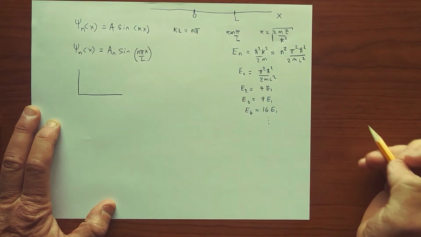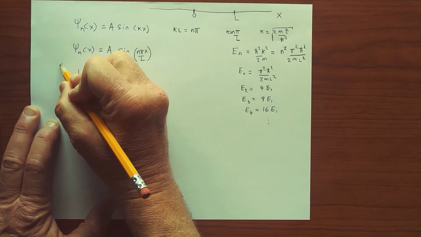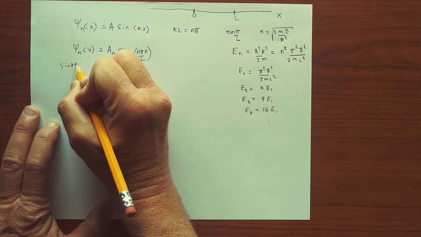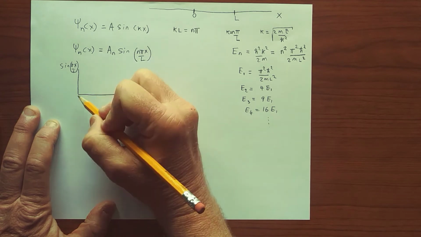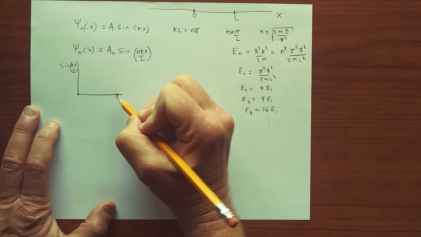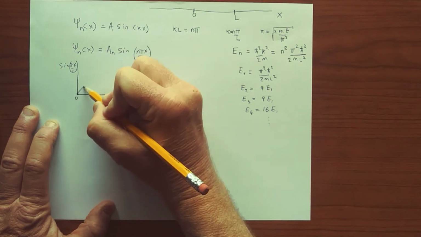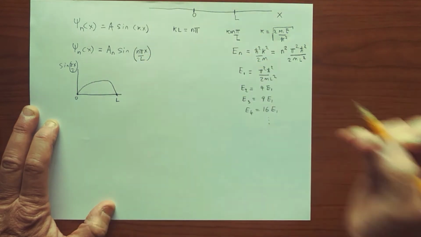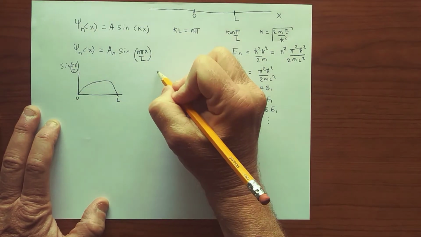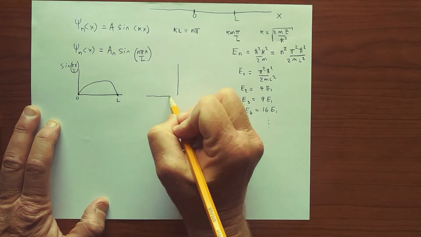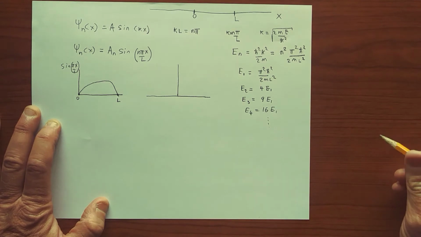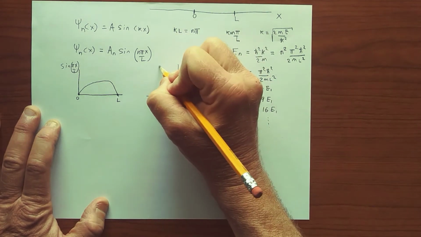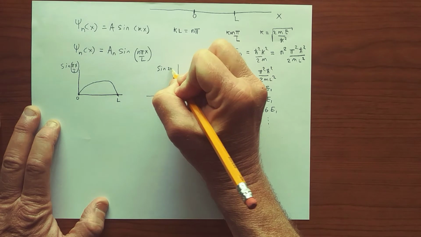So when n is equal to 1, we have the sine of pi x over L, and this is just a function that goes to 0 at 0 and L. So it's something like that. Let's plot the function with the next energy level, so that would be sine of 2 pi x over L.